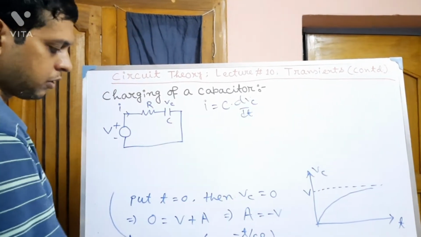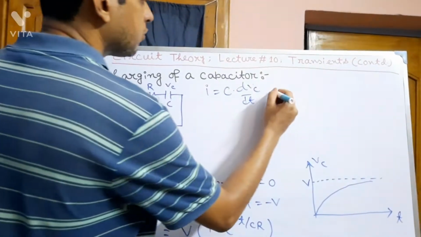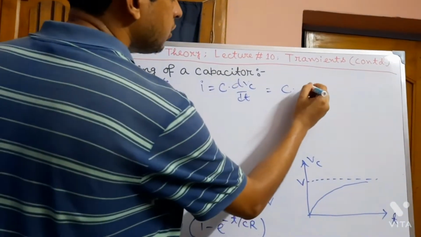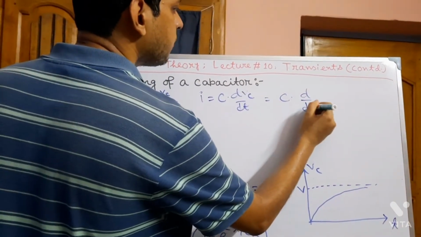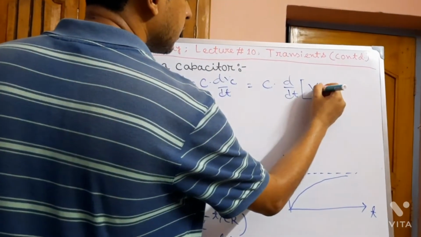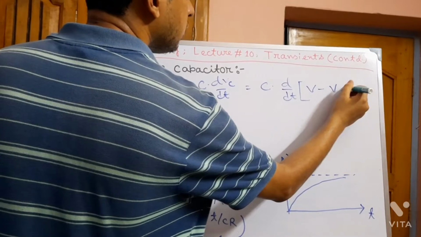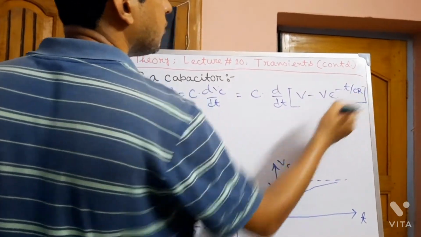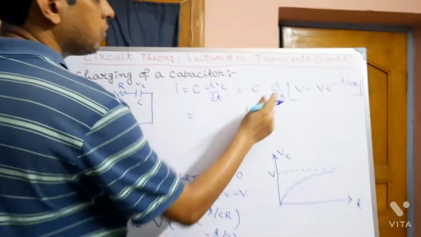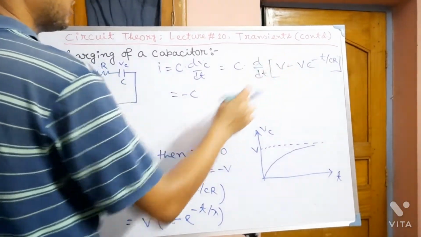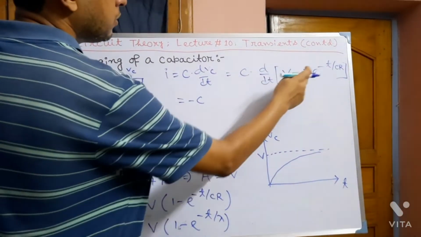The expression of Vc is here. So C into d/dt of V minus V e to the power minus t by CR. Now d/dt of V is 0, so we will not bother about V.